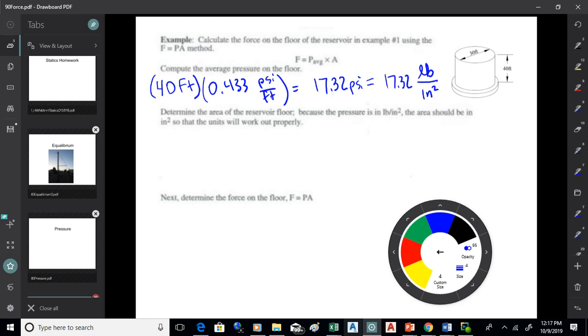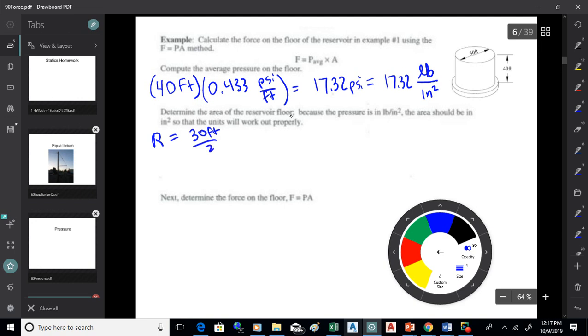So the radius here of this floor is 30 feet divided by 2, which is 15 feet, right? So we use the radius, at least I do when I find areas. But I want to be sure I've got that in inches. I've got to watch my units. So 15 feet, 12 inches per foot. That will get me the radius in inches, which is what I want, because that will allow me to find the area in square inches.